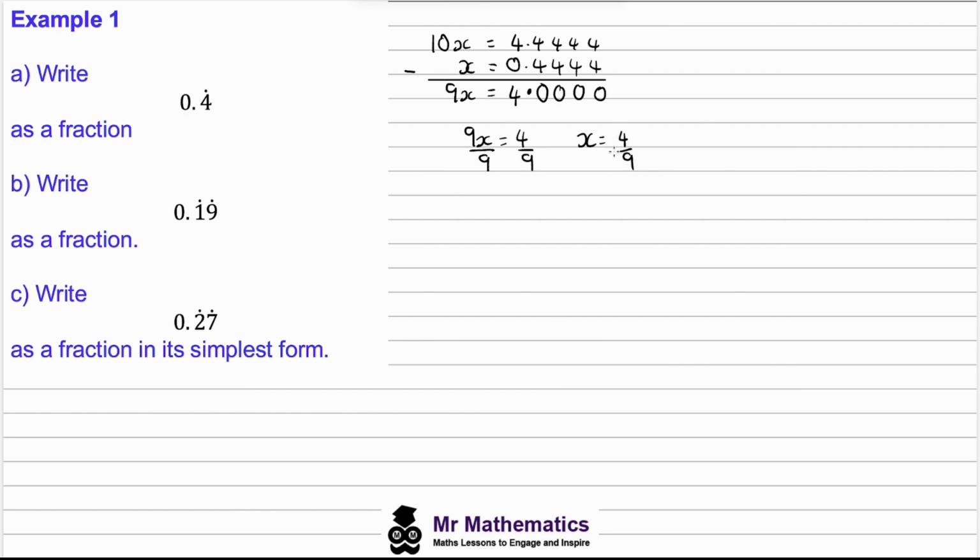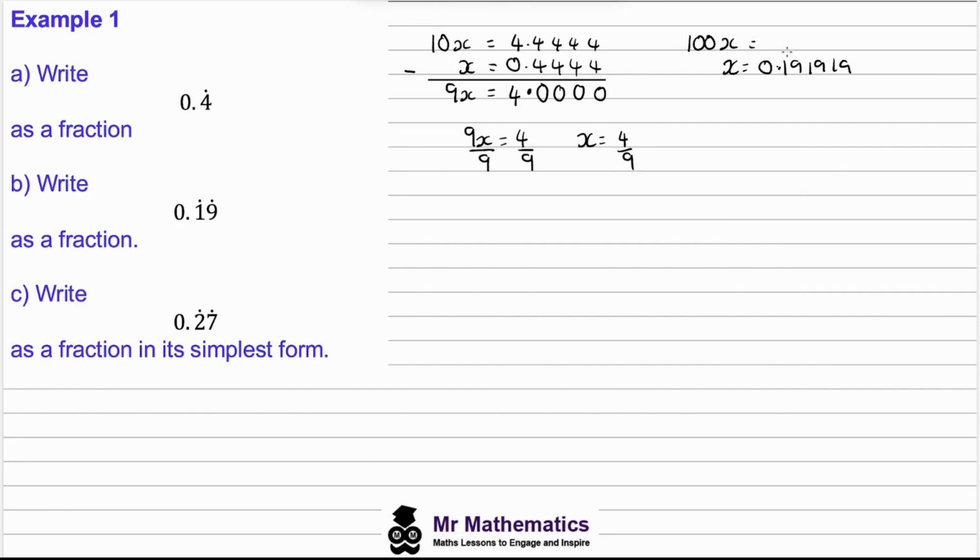Okay? If we look at question B, now we've got 0.19 recurring. So as a decimal, this would be 0.19, 19, and 19, and so on. And it recurs in the hundredths column. So because it recurs in the hundredths column, we need to multiply x by 100.